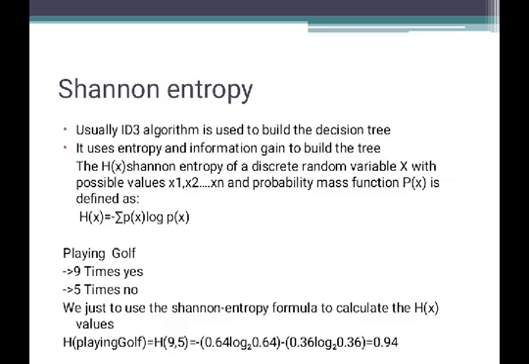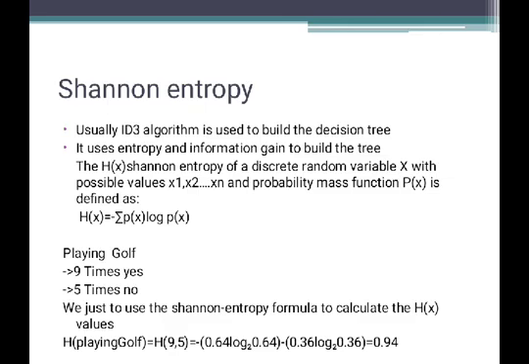Before going to the information gain calculation, first we learn the definition of Shannon entropy. This formula is helpful for calculations of information gain. Usually the ID3 algorithm is used to build decision trees. It uses entropy and information gain to build a tree.